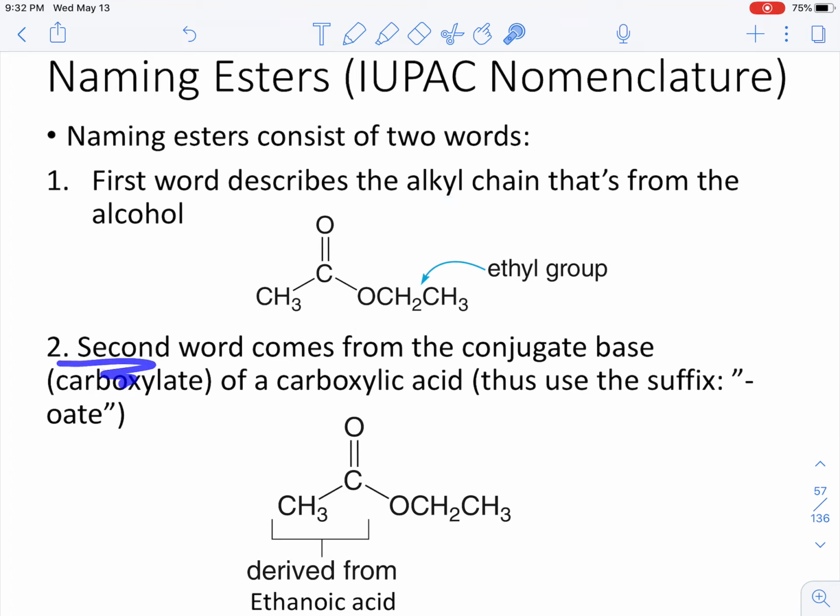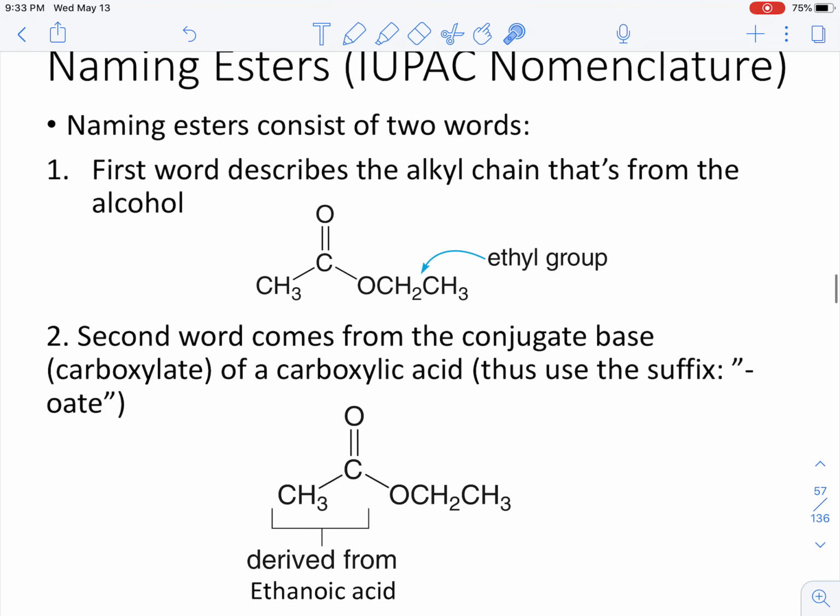And the second part, or the second word that describes the name of the ester, is going to come from the carboxylic end. And to ensure that we're communicating to the reader that this compound is an ester, we are going to use the suffix -ate.